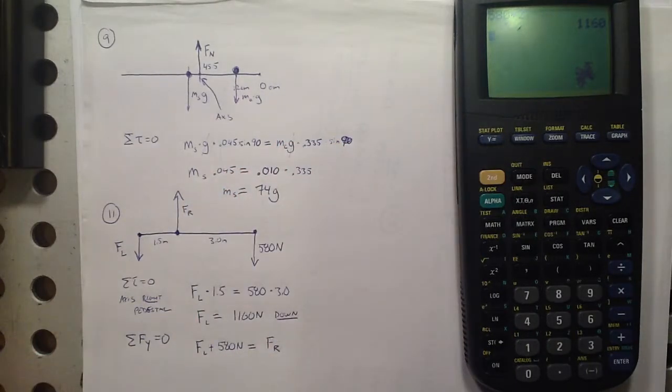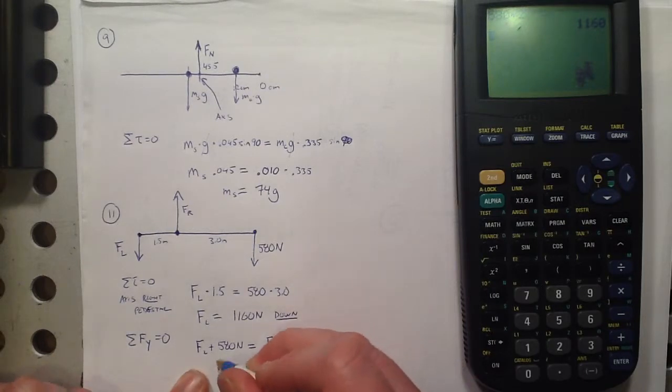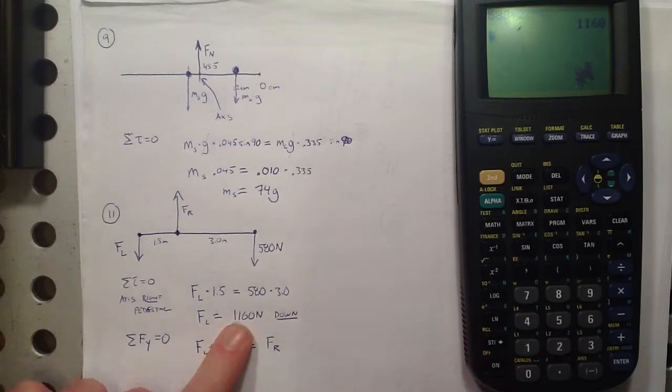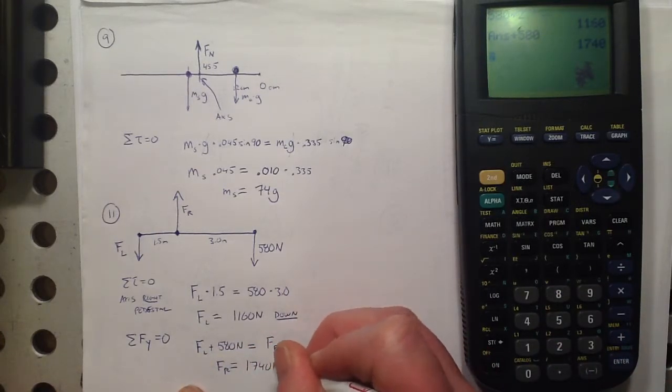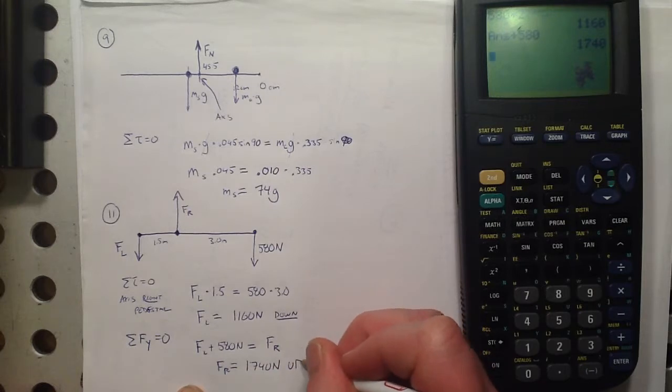Right? No torque considerations there. That's just basic balancing of forces. So that means the force on the right pedestal is going to be equal to 1160 plus 580, which is 1,740 newtons, and that is up.